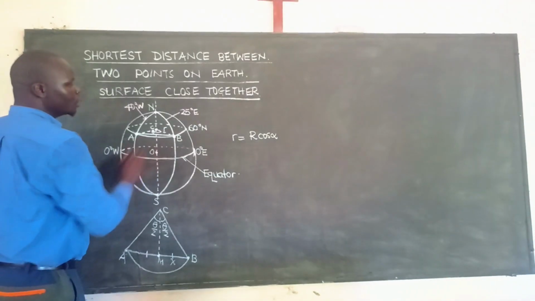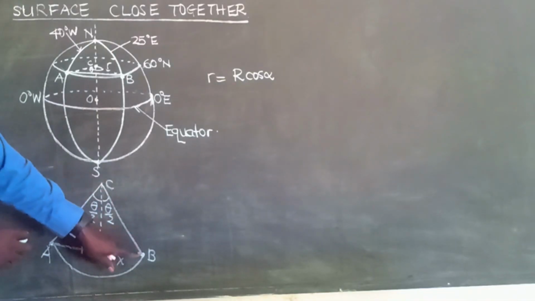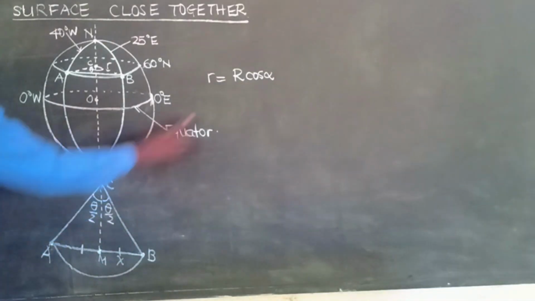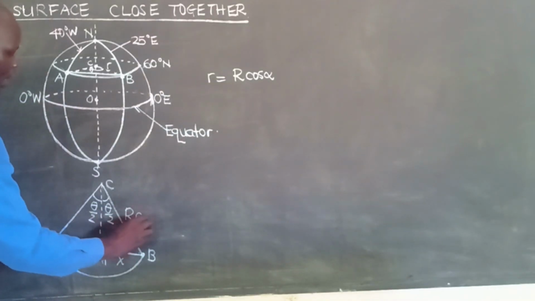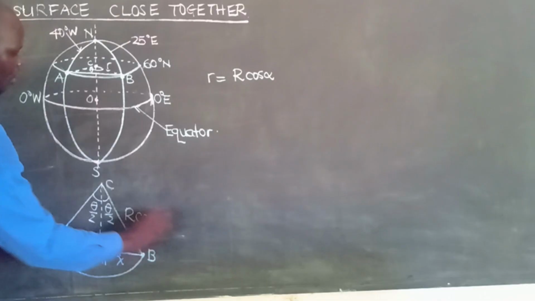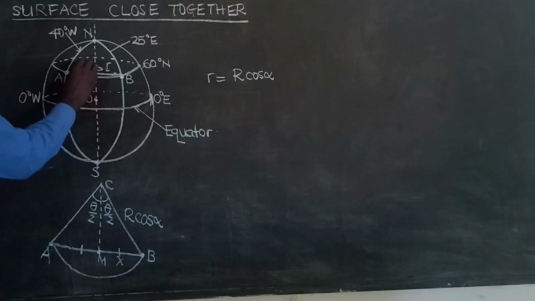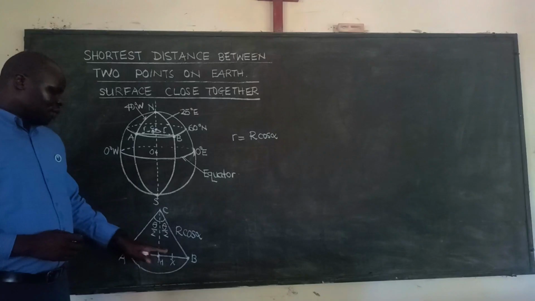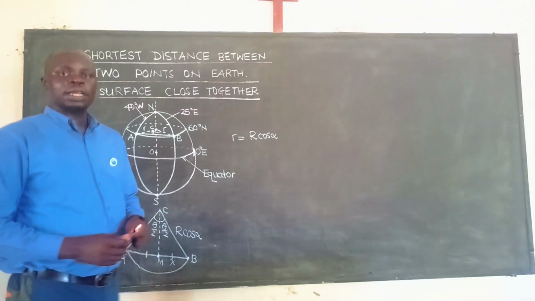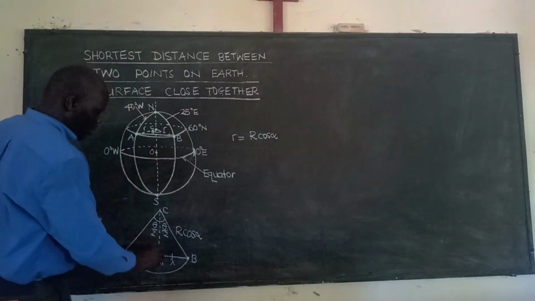So what we have to do is to also represent the distance CB with that small r, and this small r is capital R, which is the radius of the earth, times the cosine of the angle in which our latitude lies. So this is also a small r. Now from this model, you can see that we can use trigonometry to calculate our shortest distance. How do we do that?